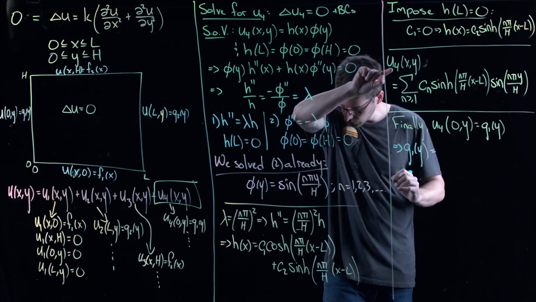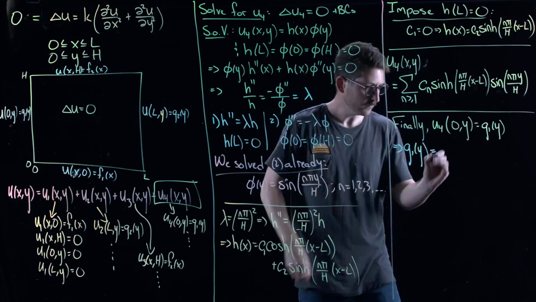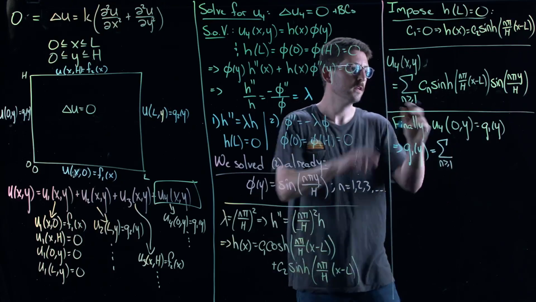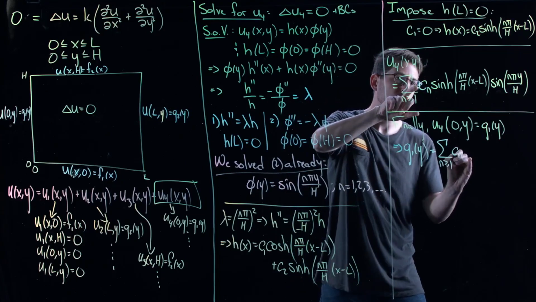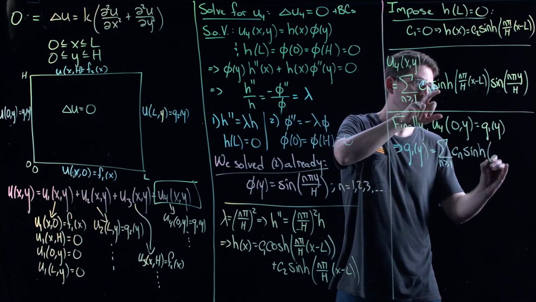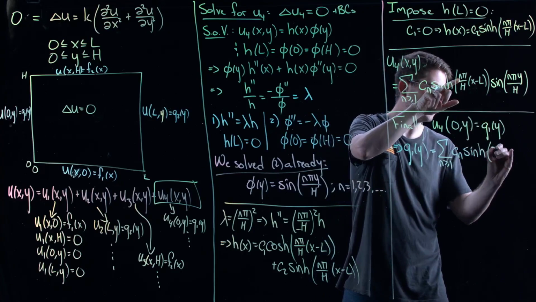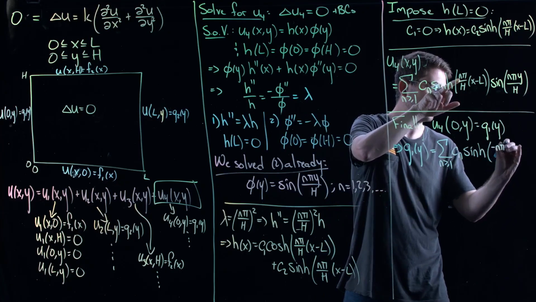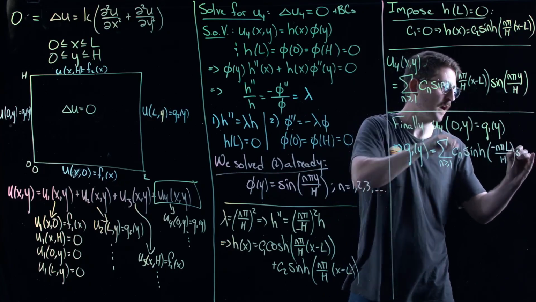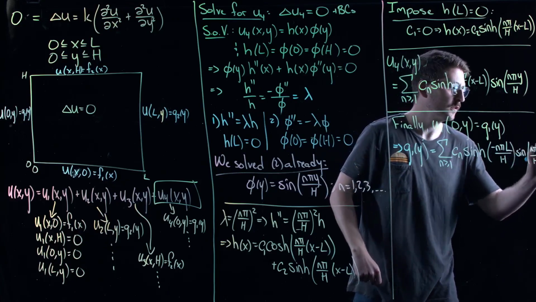This is equal to, all right, let's take a look at this. The sum from n equal 1 to infinity, Cn, sinh of, okay, so x equal to 0, so I get minus n pi L over h, sine of n pi y over h.